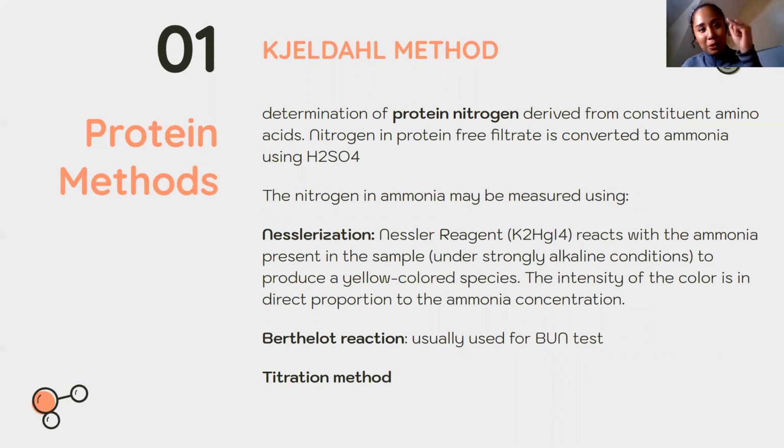Kung ang protein nyo may peptide bond, meron ring nitrogen portion ang protein. So, ang Kjeldahl method naman, ang dinedetect niya is that nitrogen. And the nitrogen is converted to ammonia upon the addition of sulfuric acid. So, nitrogen in ammonia is measured.